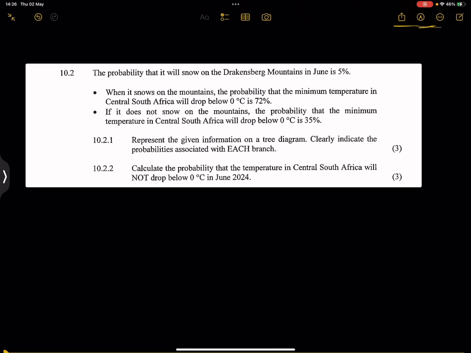If it does not snow on the mountains, the probability that the minimum temperature in central South Africa will drop below 0 is 35%.